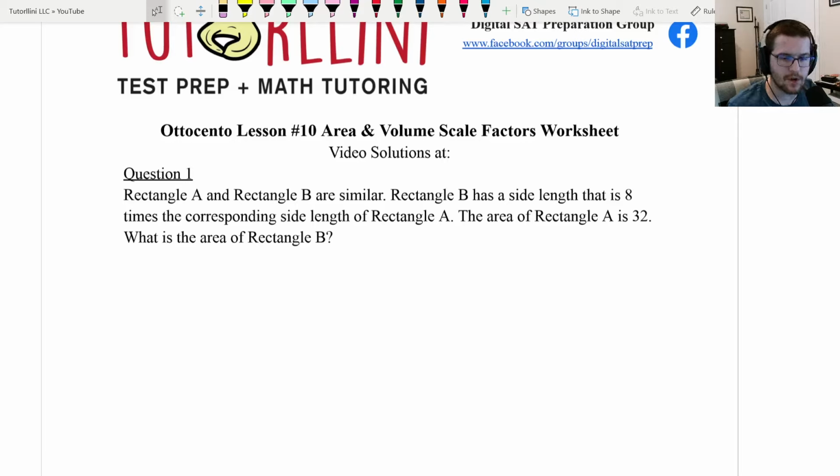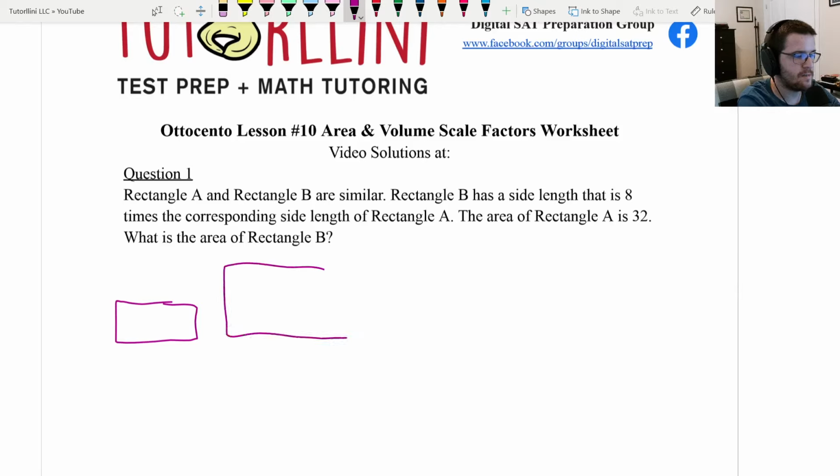All right, let's get started with question number 1. So it's talking about rectangles. Let me just draw a small rectangle and then a big rectangle. Based on the way it's phrased, rectangle B has a side length that is bigger, so I'm going to call B the big one and A the little one.